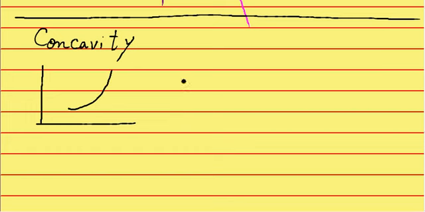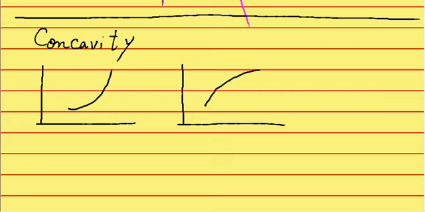You want to know what are the distinguishing characteristics that separate that one from this one. Visually we can say this is opening up, this is opening down, but that's begging the question. If the graph wasn't drawn and all you were given was a formula, how can you tell which one of these two will be the case? So we are looking for some clues in that regard.